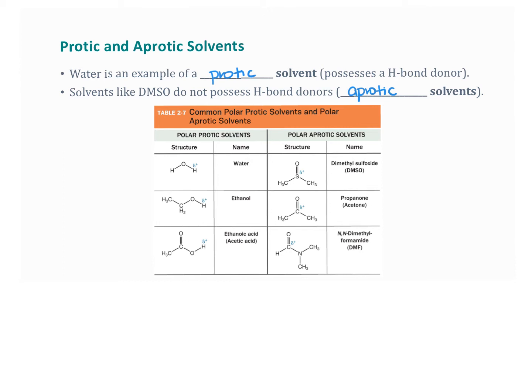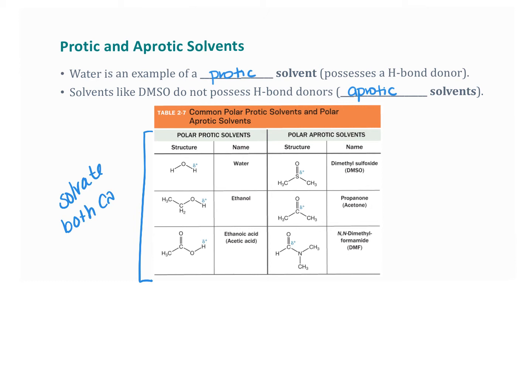Here are some common polar protic solvents, and here are some common polar aprotic solvents. What I want you to notice is that polar protic solvents tend to solvate both cations and anions very strongly.